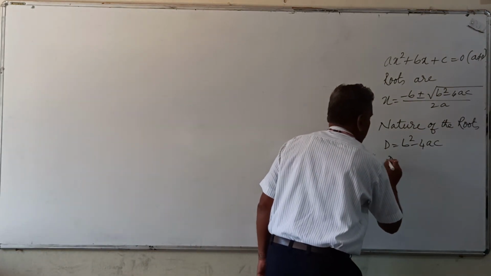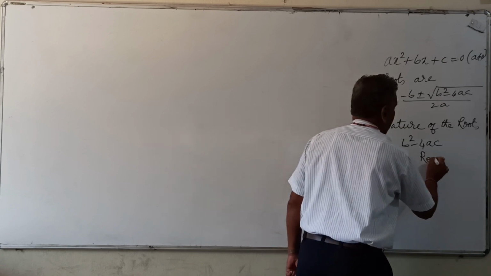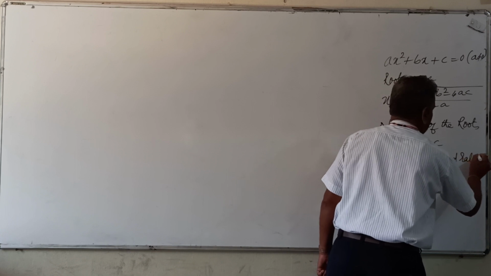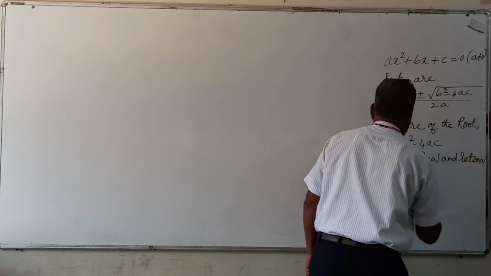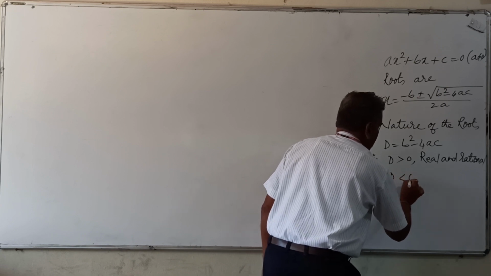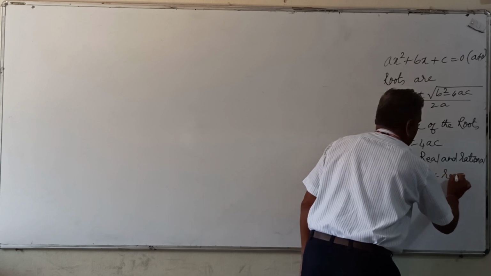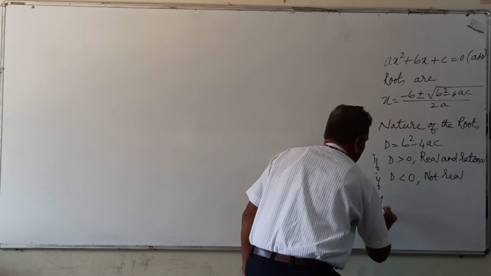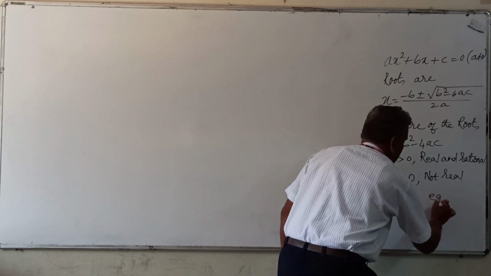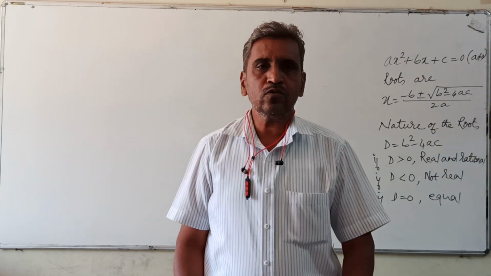If the discriminant is greater than 0, roots are real and rational. If it is less than 0, roots are not real. If it is equal to 0, roots are real and equal. These are the points already you have studied.